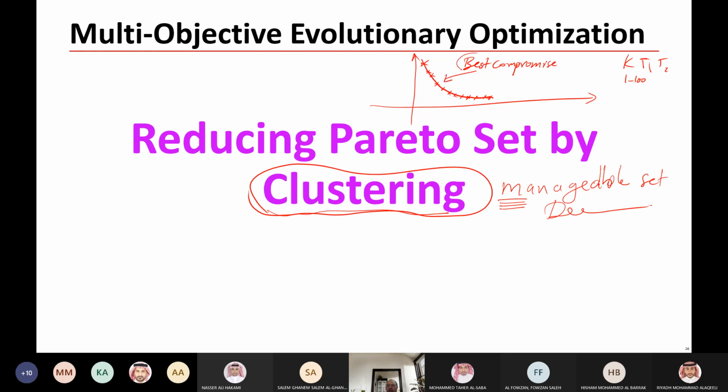What are the criteria for the best compromise solution? So from the Pareto set, how can we extract the best compromise solution? These 2 points are common in multi-objective optimization, so this is why we are introducing them here.